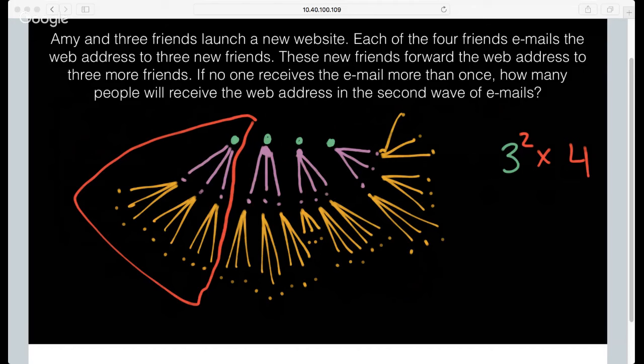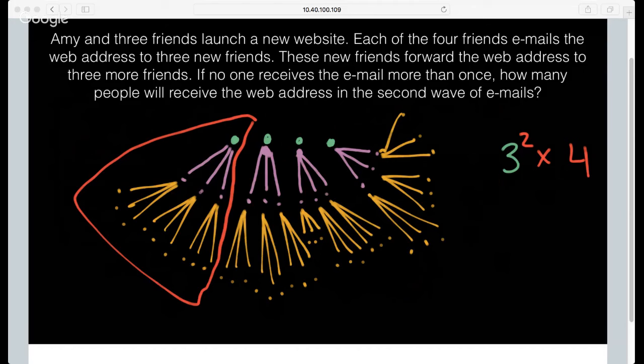We didn't just say 3 times itself 3 times, because that's not what's happening. We have 3 groups of 3, which is 3 times 3, which means we have 3 squared.